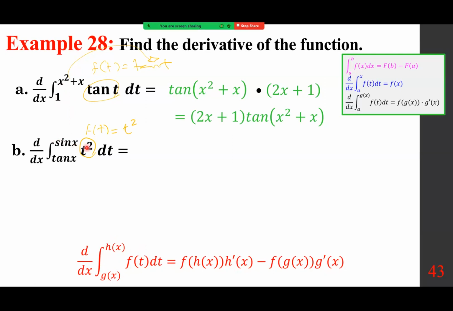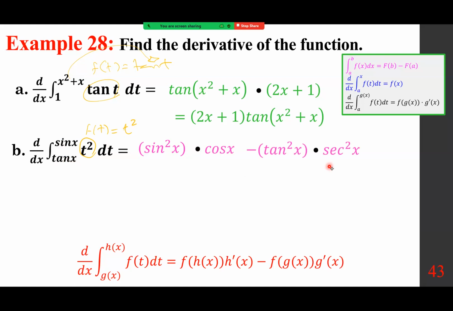So plug in sine x, you get sine squared. So t squared, plug in sine x becomes sine squared times the derivative of sine, which is cosine x, minus plug in tan x, minus tan squared x times the derivative of tan, which is secant squared.